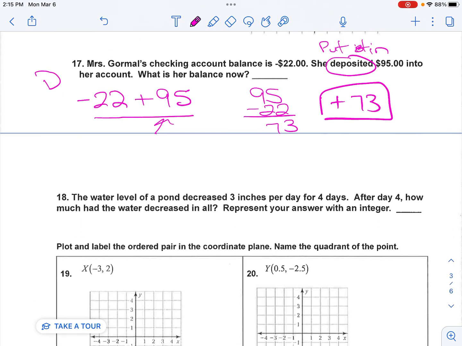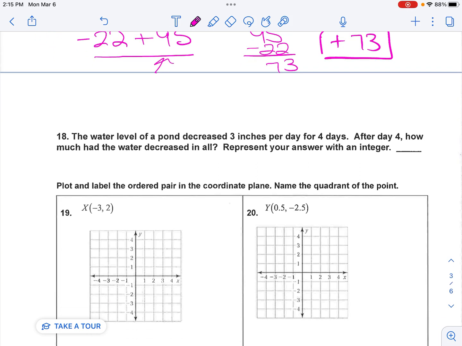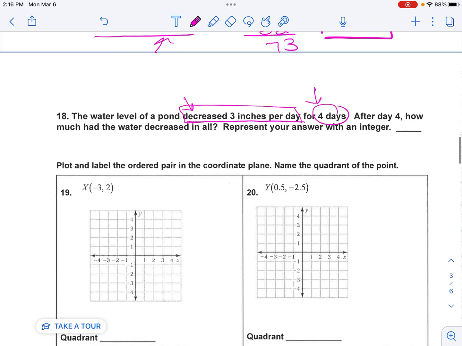Okay, on the next page. The water level of a pond decreases, meaning it's going down 3 inches per day for 4 days. After day 4, how much had the water decreased in all? If it's decreasing 3 inches per day, we're going to write that as a -3.